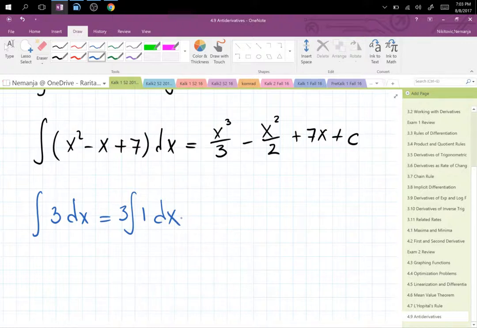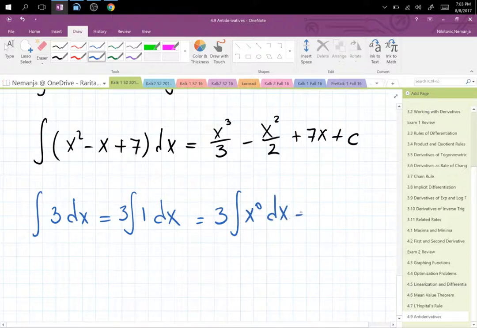Now that number 1 I can write as x to the 0, using algebra. Now do we all see plus 1 happening? 0 plus 1 is 1. So this is 3 times x to the 0 plus 1 over 0 plus 1.